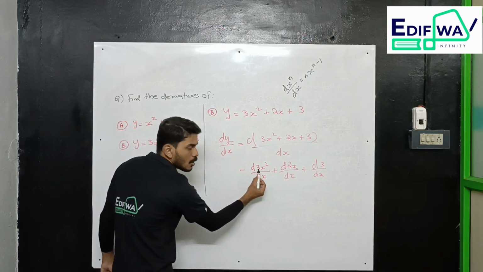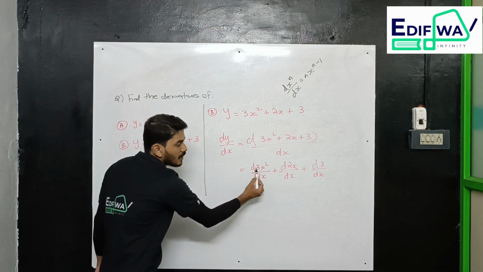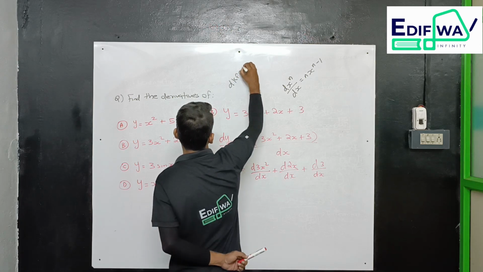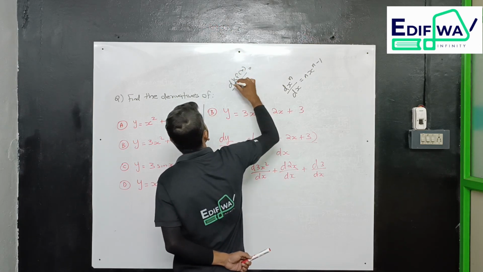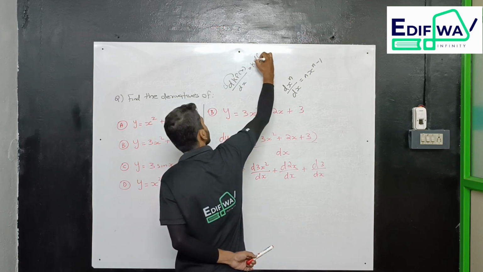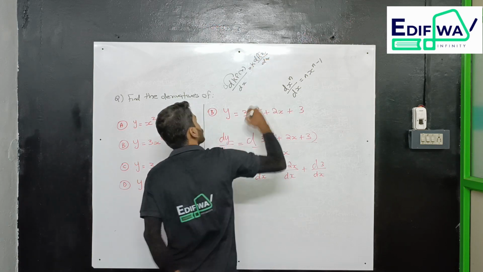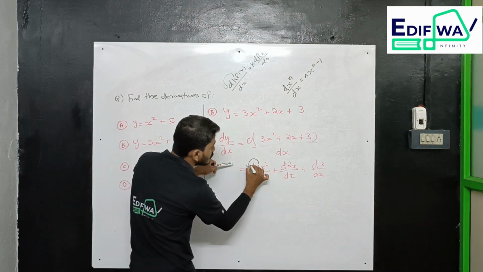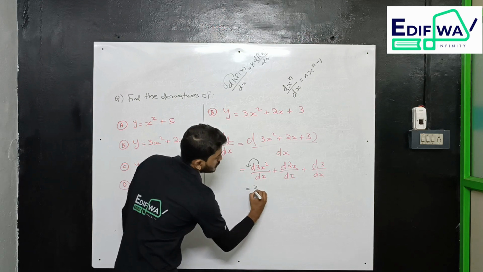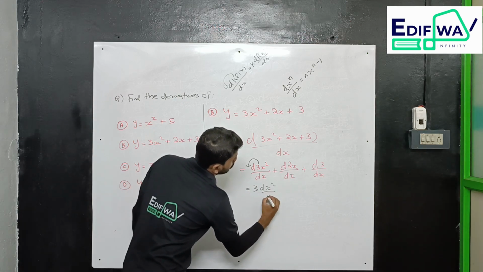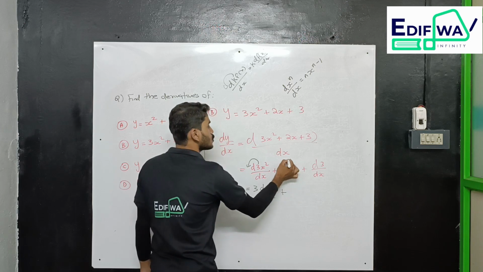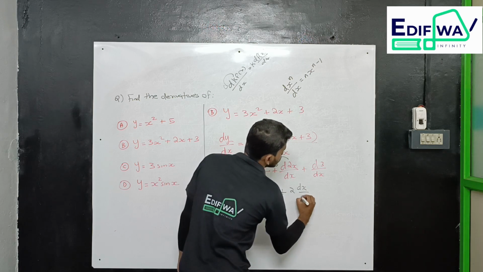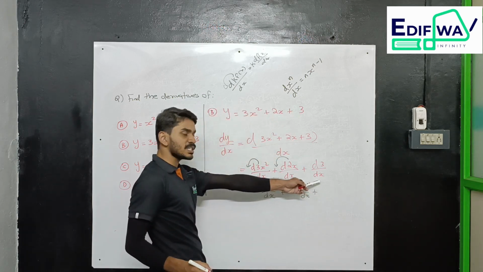Now here there is a constant along with a function, right? That is derivative of k into f of x. You will take the k outside and you will find the derivative of f of x alone. Do you remember that? So here also 3 is constant. You take 3 outside. So that is 3 into d of x square by dx plus, here 2 is a constant, so you take it outside. So that is 2 into dx by dx plus derivative of 3.